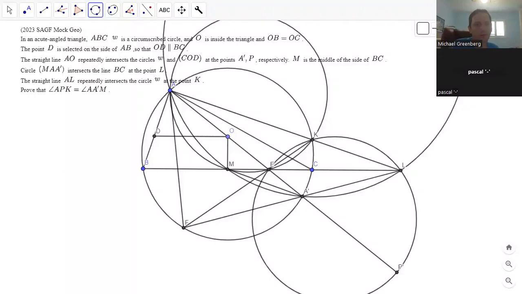But yeah, I think we're close. So let's see. Yeah, we have to use that O lies on the perpendicular bisector. I don't think we've used that yet.